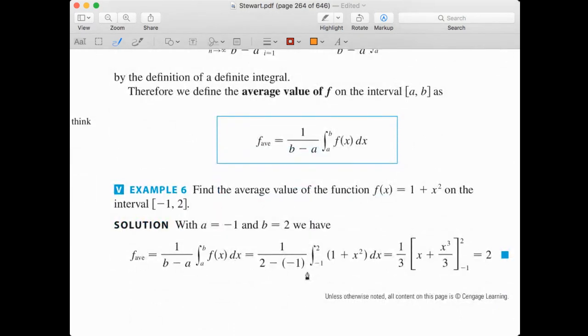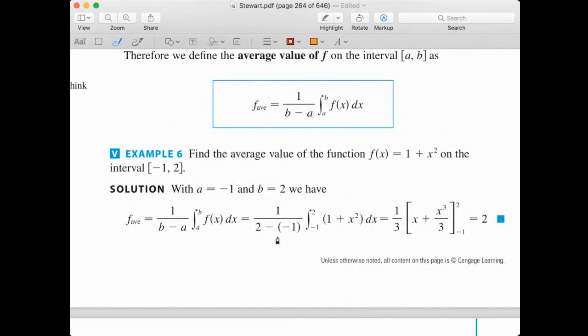All right, let's see example 6. Find the average value of the function. The function is defined on the interval from -1 up to 2. So just apply this theorem. -1 is in the domain, 2 is in the domain, so you can use this definite integral.